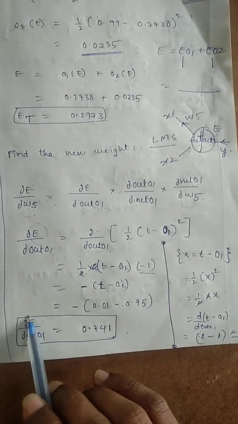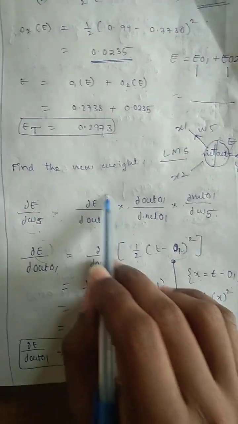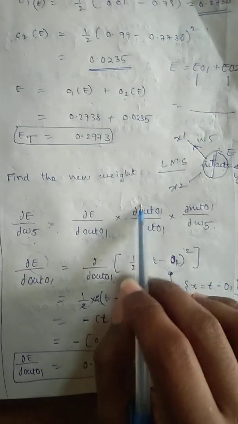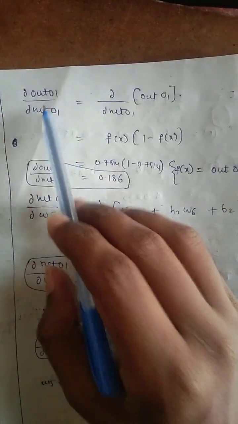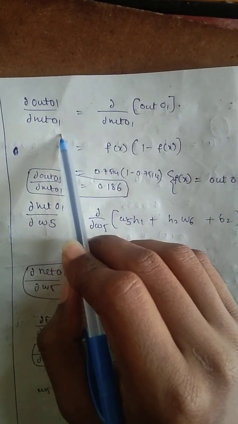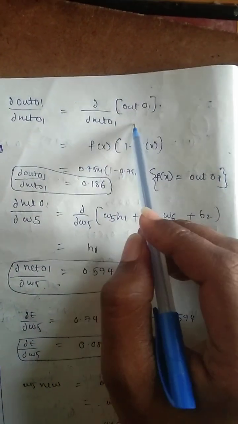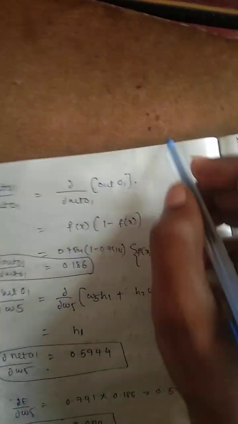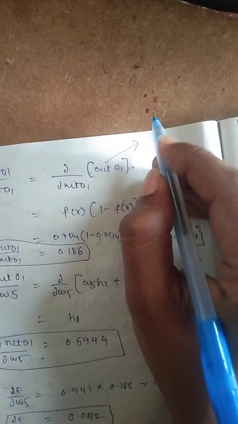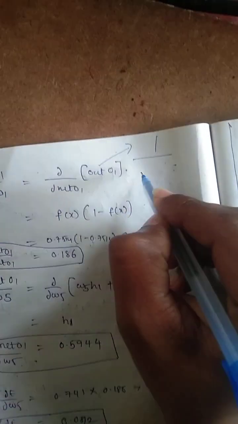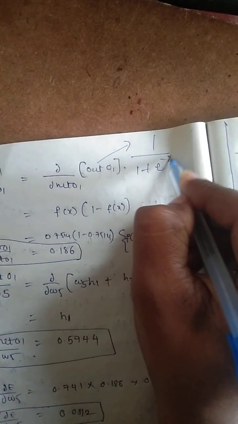Okay, next, for error by out, the first value we get. Next, how to get out by net out 1? We have one formula. If we differentiate this term, in the out 1 we have to replace it with the sigmoid function, the activation function, that is 1 by 1 plus e power minus x.